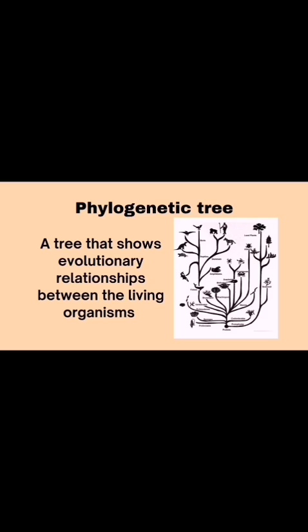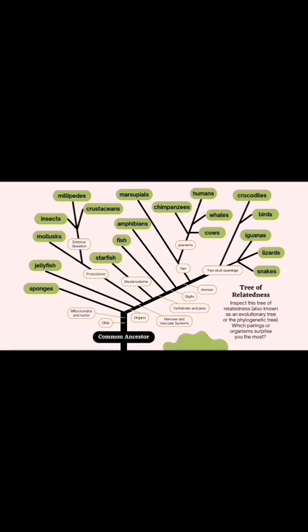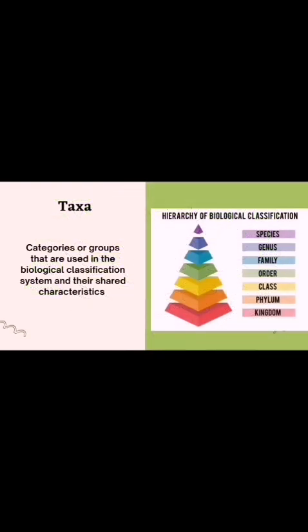A phylogenetic tree is a tree that shows evolutionary relationships between living organisms. As you can see on the side, we have a picture as an example of how living things are related. This is also an example that shows a phylogenetic tree of different living organisms. As we can see at the bottom, we have a common ancestor and then the others follow.